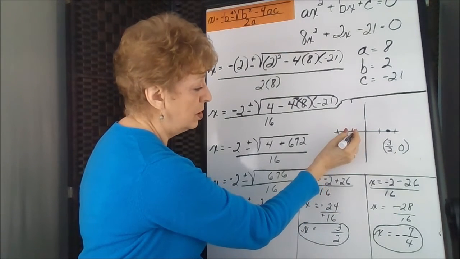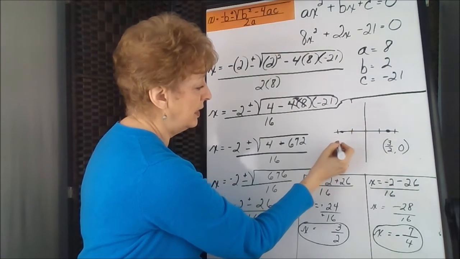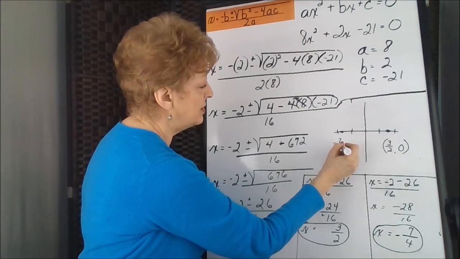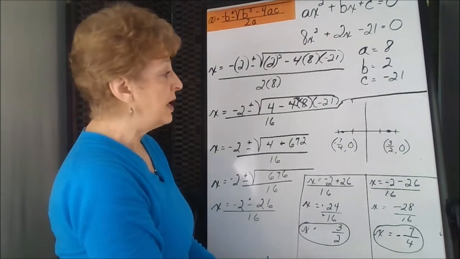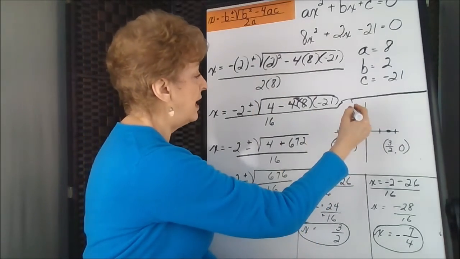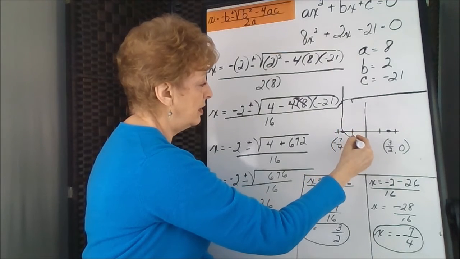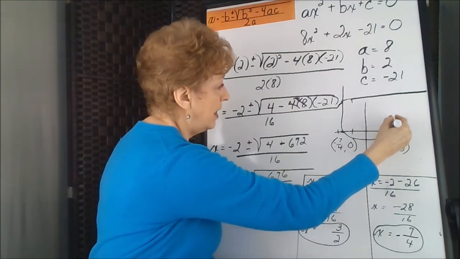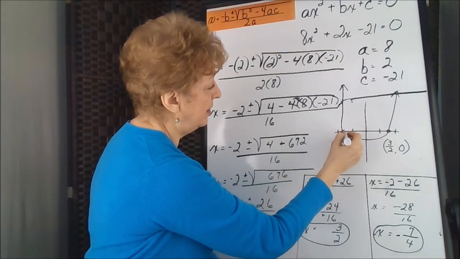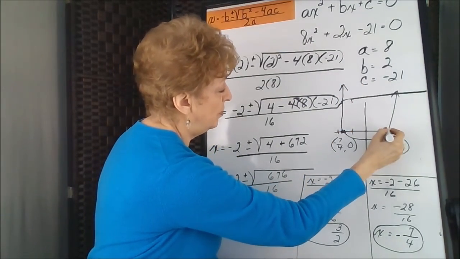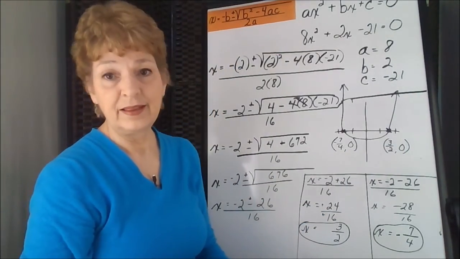So I'm going to go 1 and 3/4 would approximately be here. Negative 7/4 and 0 is our other ordered pair. And our parabola could open up or down. Let's have it open upward. So it would catch the x-axis at both of those points. So we would have these 2 points signify where this parabola could cross the x-axis.